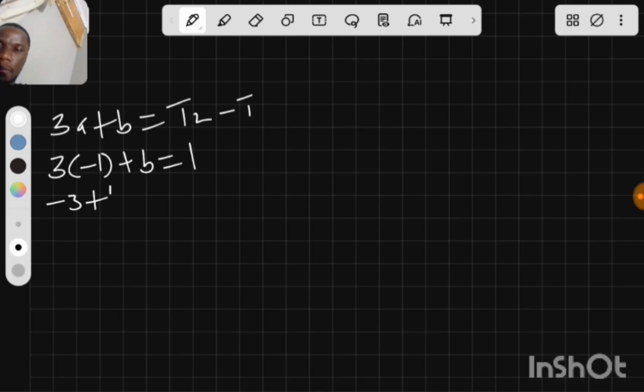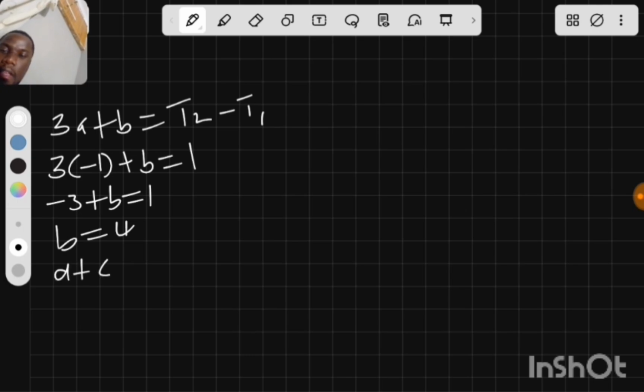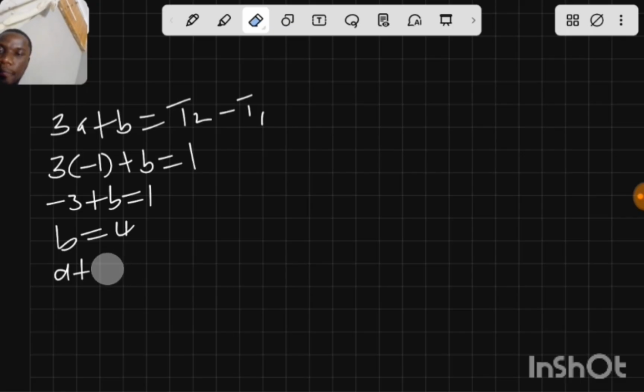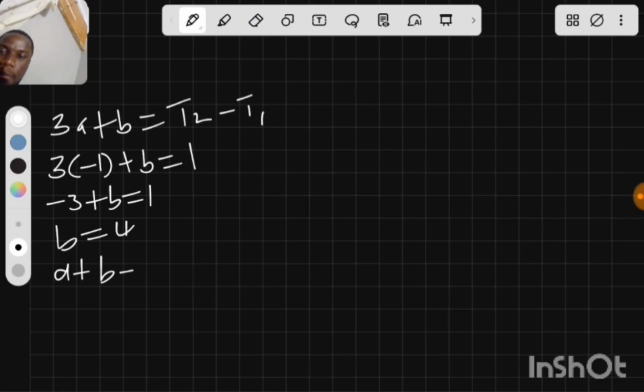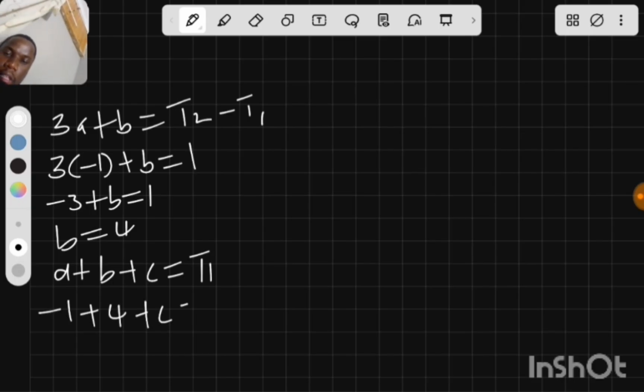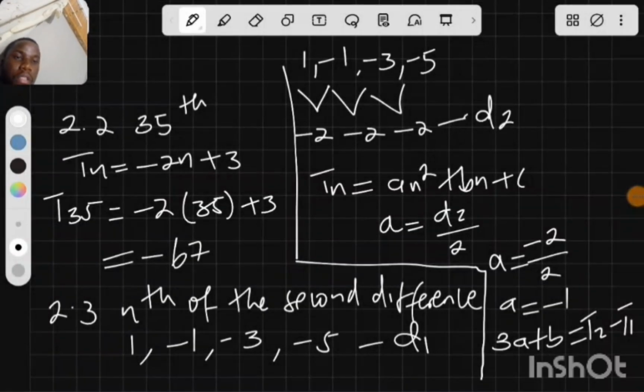Minus 3 plus b is 1, so b is equal to 4. Then we sort out c, and c is represented by a plus b plus c, which is equal to t1, where a is minus 1 plus b, which is 4, plus c, which is equal to our t1 from the original.